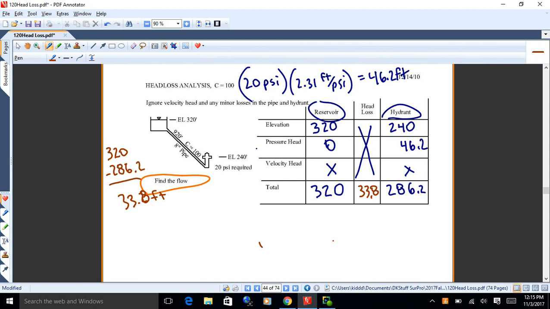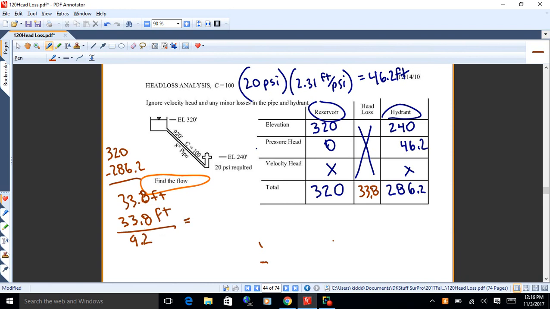Everybody okay with that? Now that's the total head loss you can have in that run of pipe from the reservoir down to the hydrant, 33.8. All right. Now I want to go to the chart eventually. So the chart, of course, is per 100 feet.